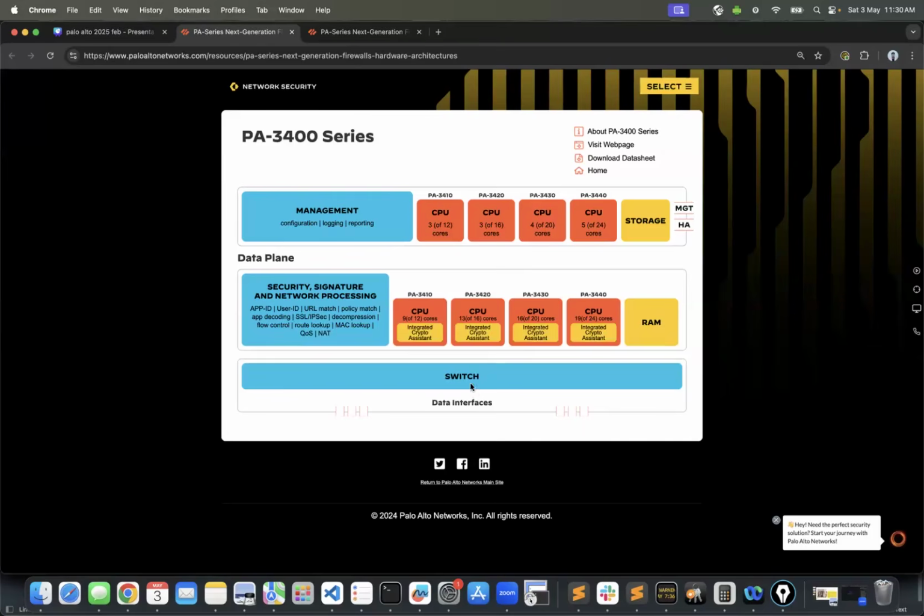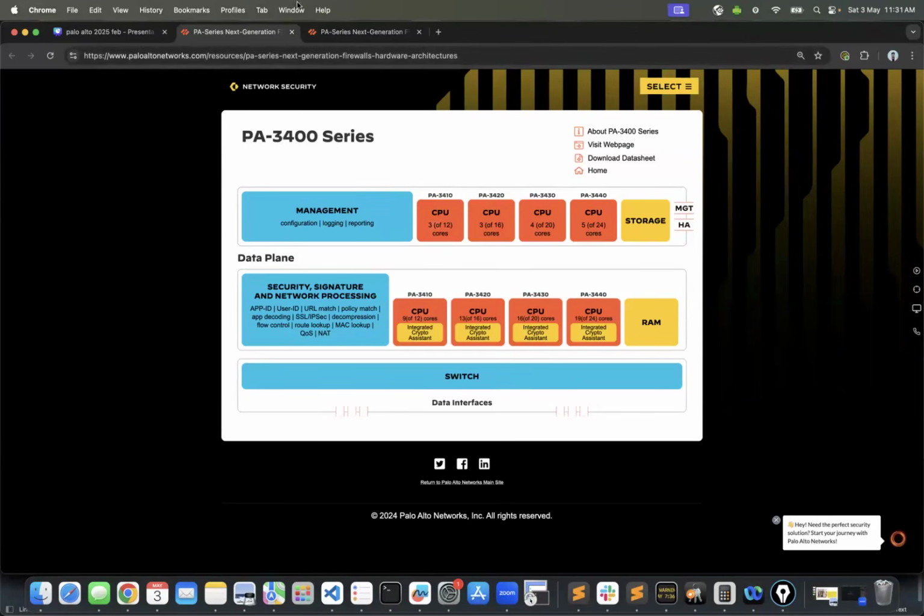So the bigger firewall you have, the number of CPUs will be more, RAM will be more and storage will be more. So for example, for the data plane and control plane, we'll talk about it, just see here. Right now for the data plane, 9 CPU. And here 3 CPU for the core.